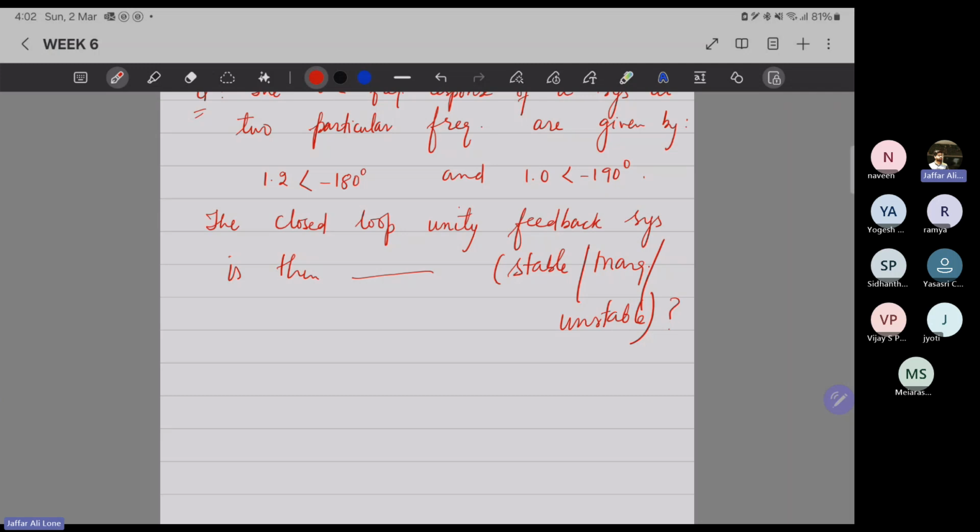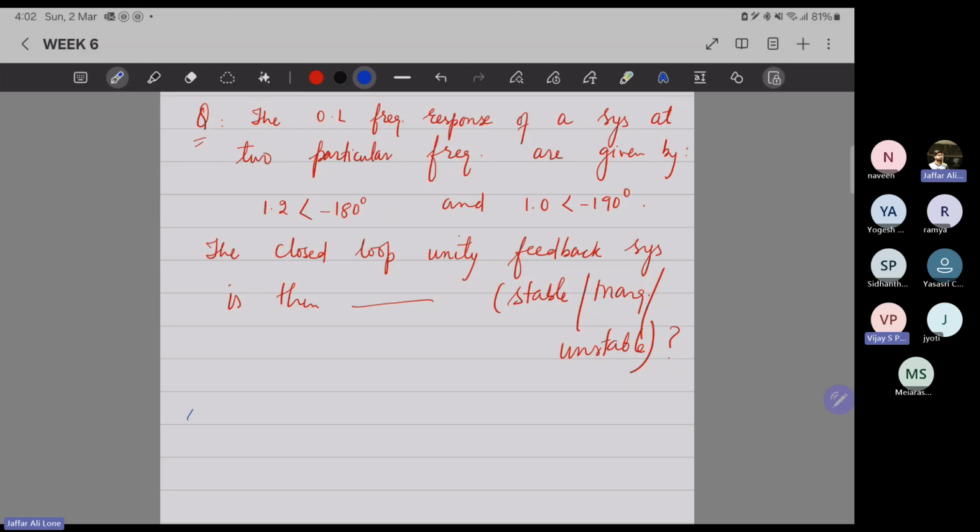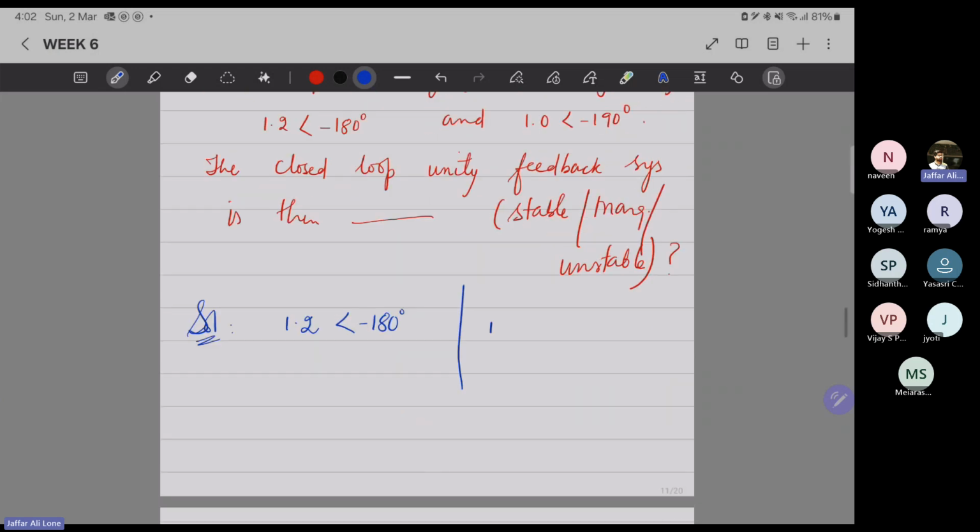So now what is given in the question? You have to understand the concepts from the question. I'll try to help you. One response is given as 1.2 angle minus 180, and another response is given as 1.0 angle minus 190.